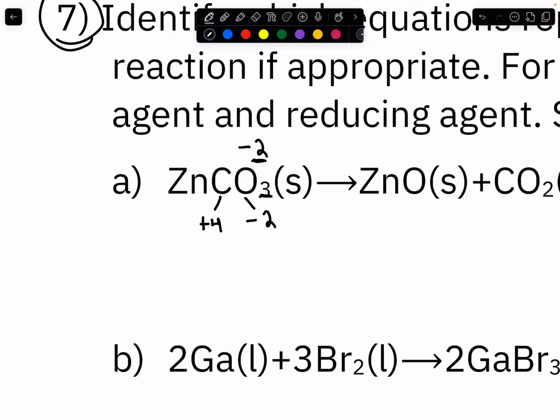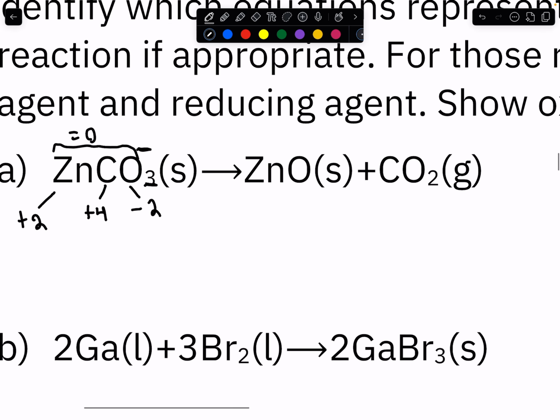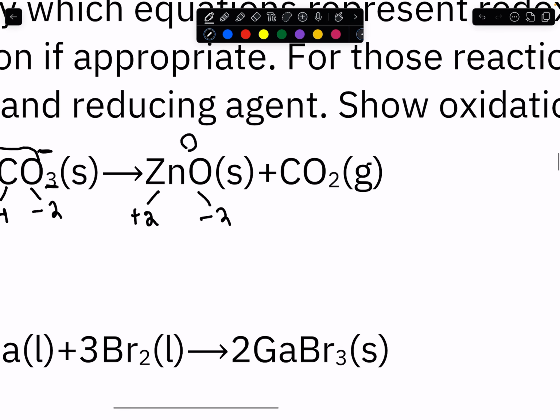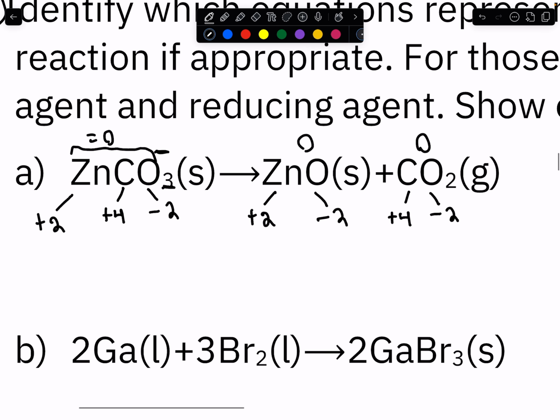I also know that we technically want this whole compound to equal 0. I'm going to get rid of that -2 over the carbonate. And so that means our zinc has to be +2. That means over here it's going to be +2. Our oxygen is going to be -2, which makes a 0 charge. And we know that our CO2, we have +4, -2. That's going to be a 0 charge.